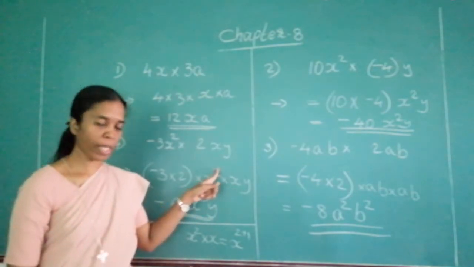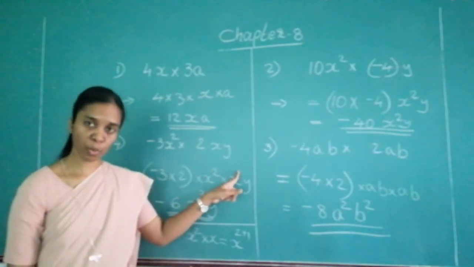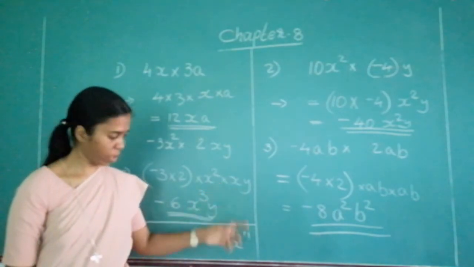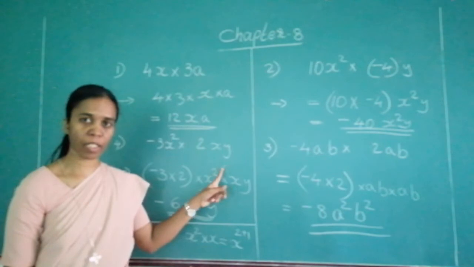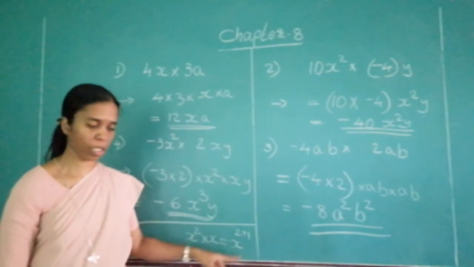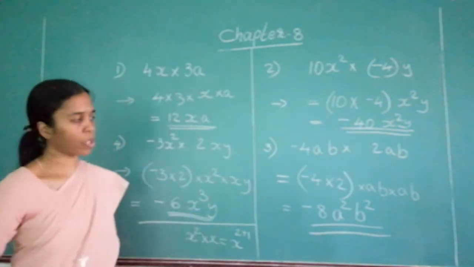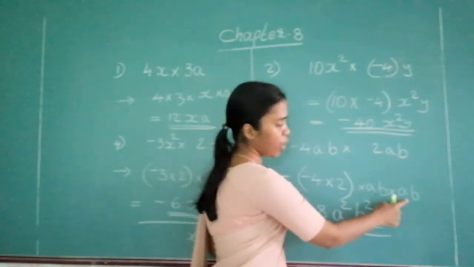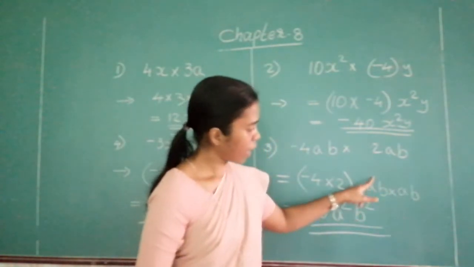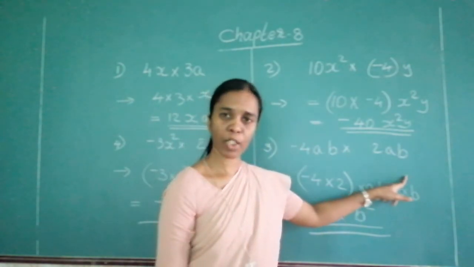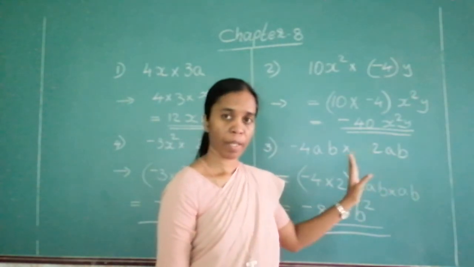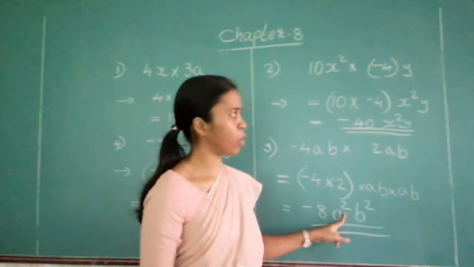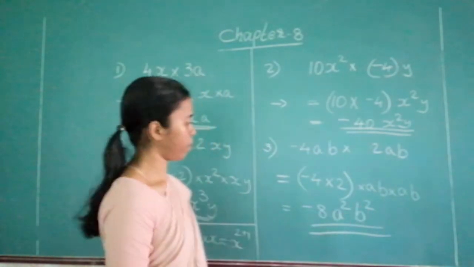What is your a over here? x. x raised to m plus n, that is 2 plus 1, that is 3. That is why I get x raised to 3. Same thing we have done over here, a into a, a raised to m plus n, that is 1 plus 1, that is 2. Okay, please copy.